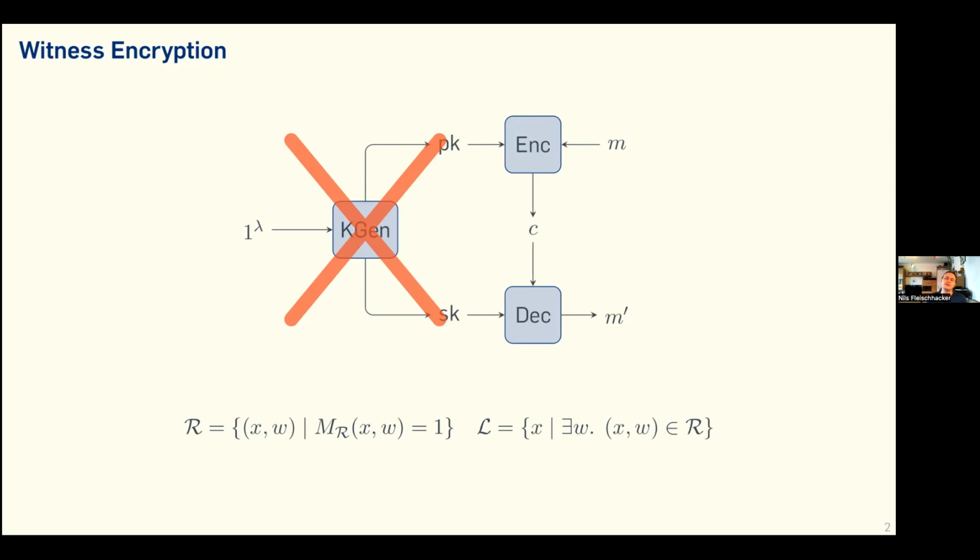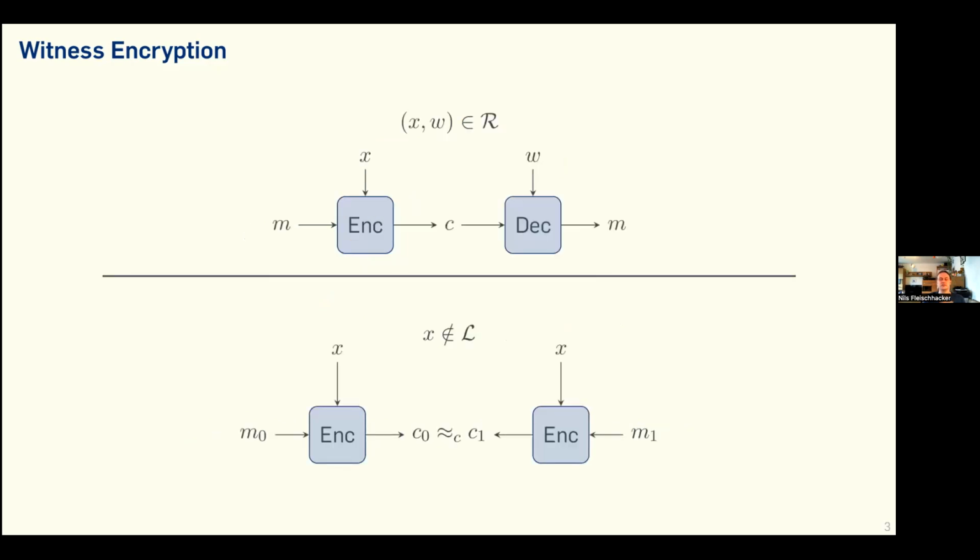The definition of witness encryption, in the sense of correctness and security, is maybe a bit counterintuitive, because it talks about two different cases. If we have X and W in the relation, so that X is in the language because W exists, then we can take a message, encrypt it towards the statement X, get a ciphertext, and decrypt using the witness.